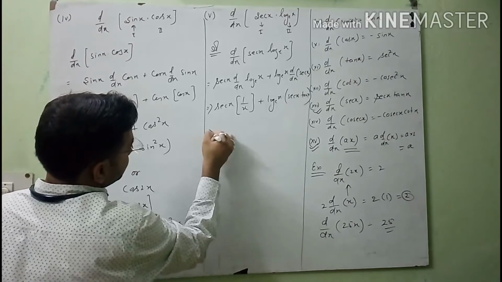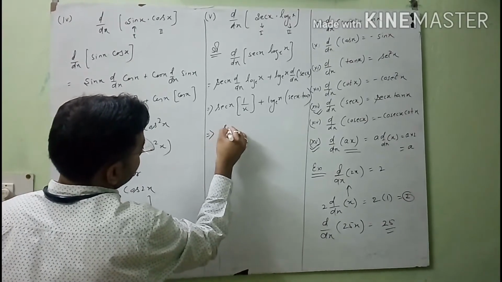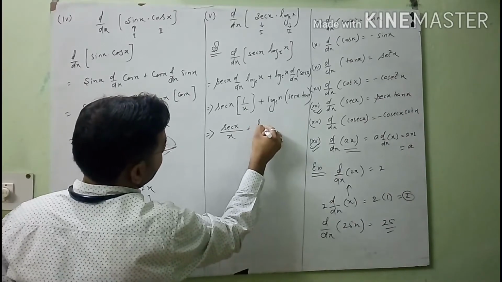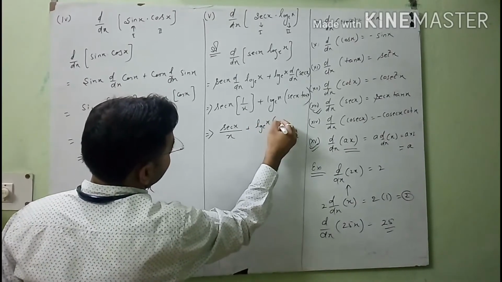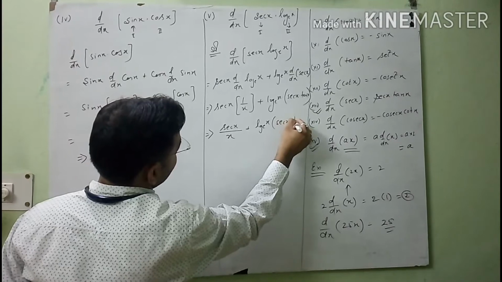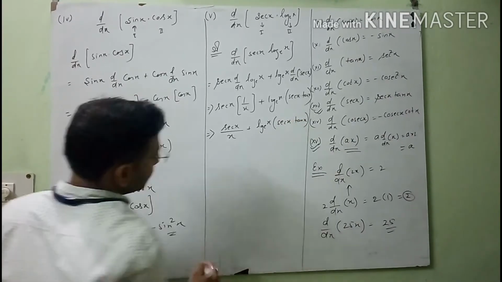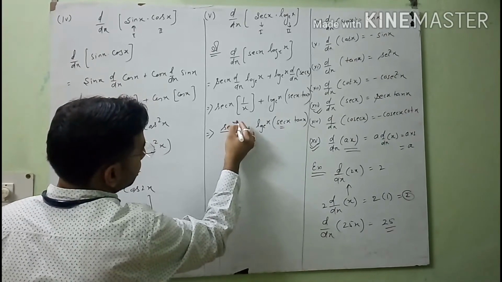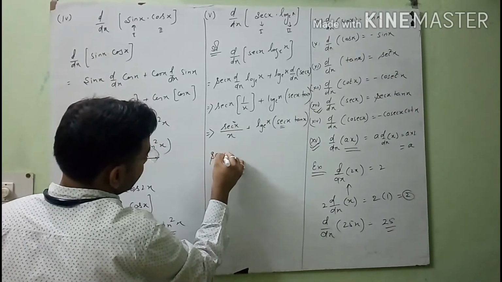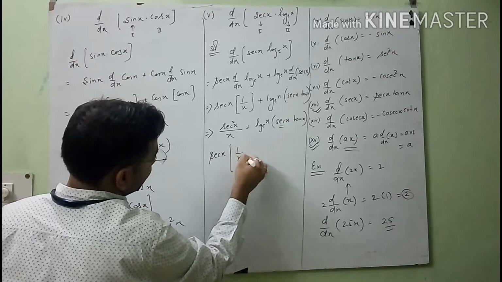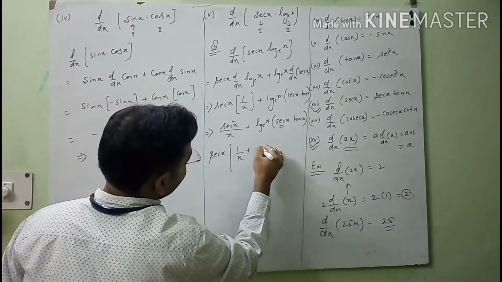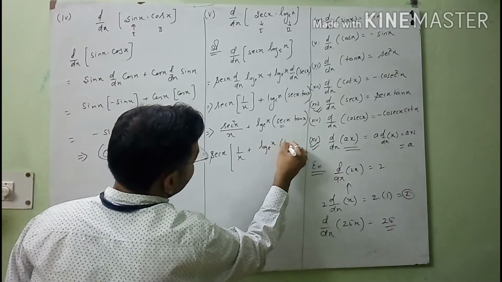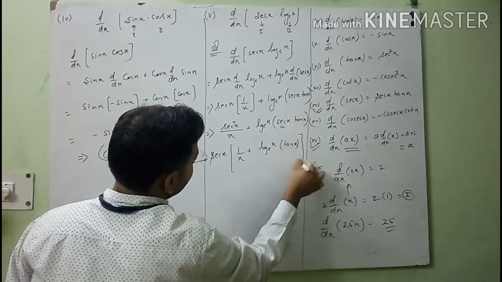So what you will observe at last, the solution is sec x over x plus log e raised to the power x into sec x into tan x. So if you want to take common, you can take common sec x from here and here. After taking common sec x, you can write 1 upon x plus log e raised to the power x into tan x. Point is clear, student?